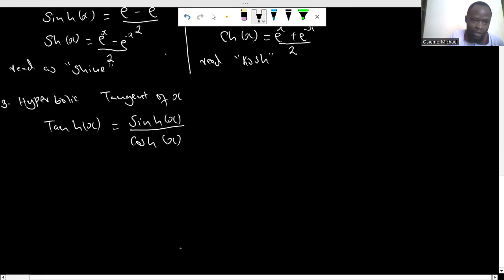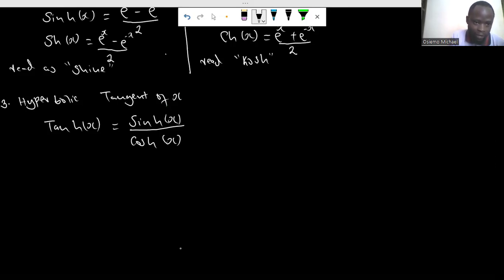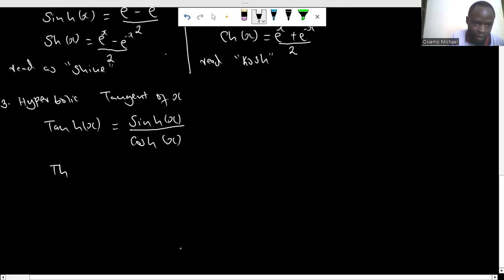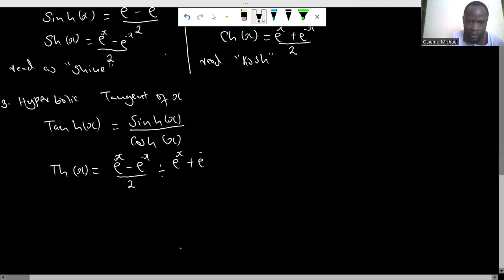In short, th of x equals exponential x minus exponential negative x, all over 2, divided by exponential x plus exponential negative x, all over 2.